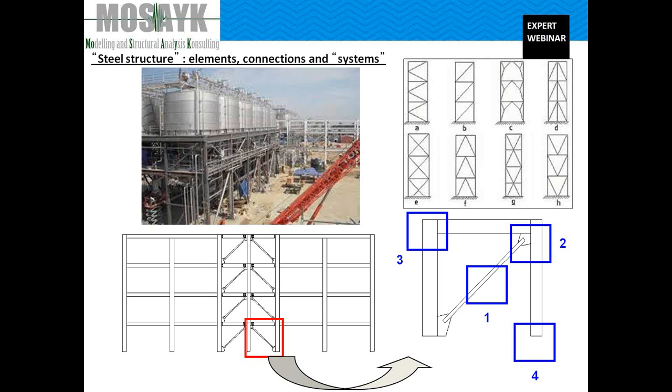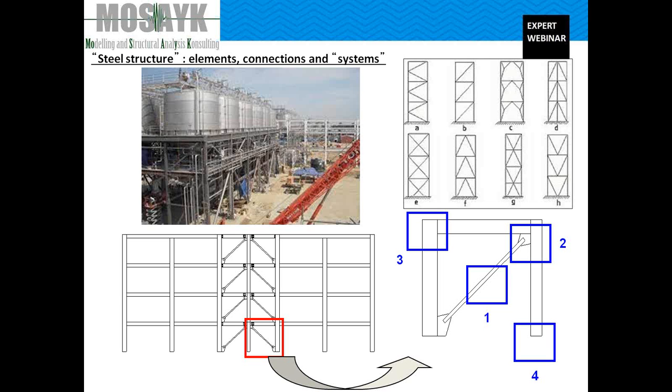In the current design practice, concentrically braced frames are designed and detailed to highly dissipate energy through brace yielding in tension and inelastic buckling in compression under the strong shaking of an earthquake.